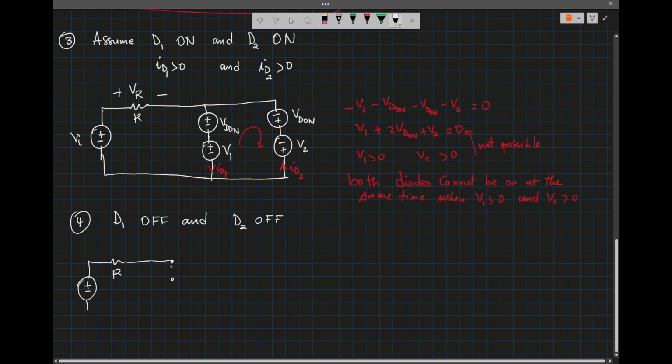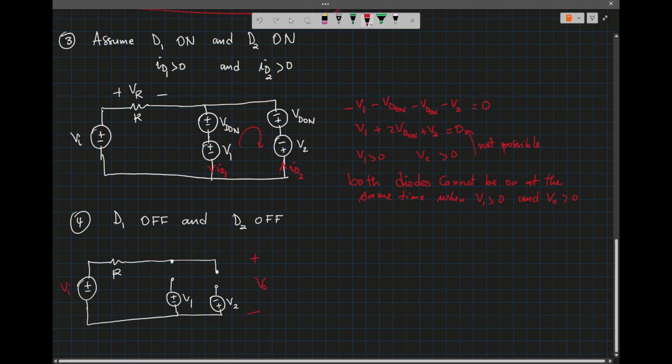So this is open, V1, and this is also open, V2. The voltage here is V0.